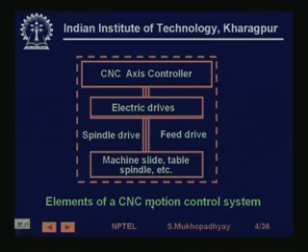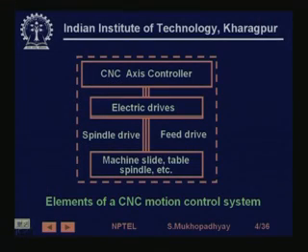The basic elements of a CNC motion control system are as follows. As far as the control is concerned, it is the CNC axis controller, which is usually a microprocessor based board that interfaces with the electric drives.